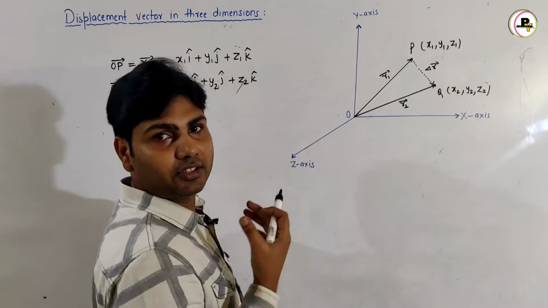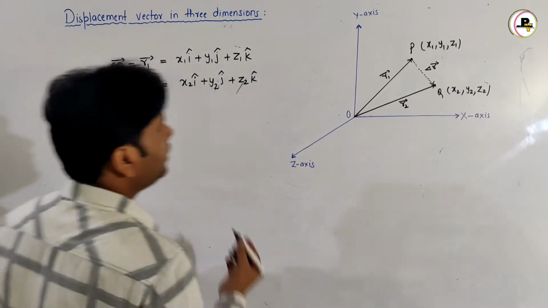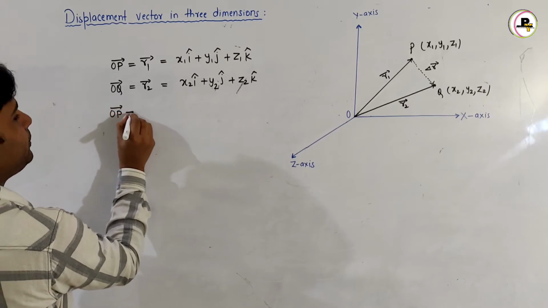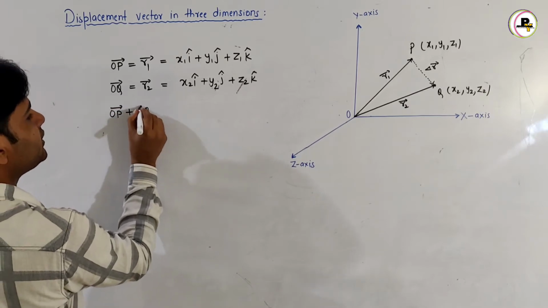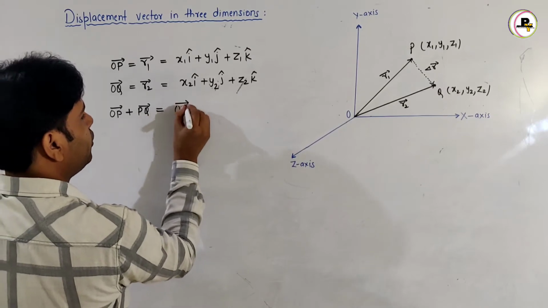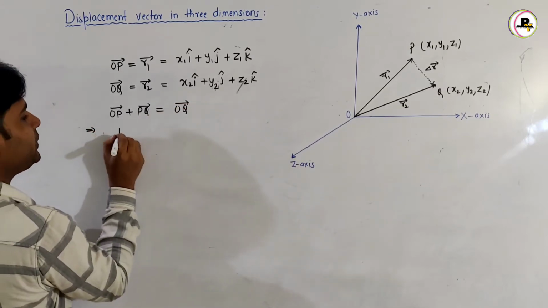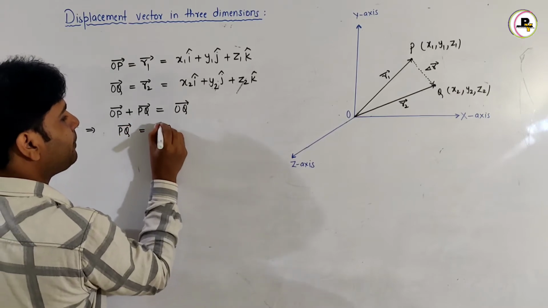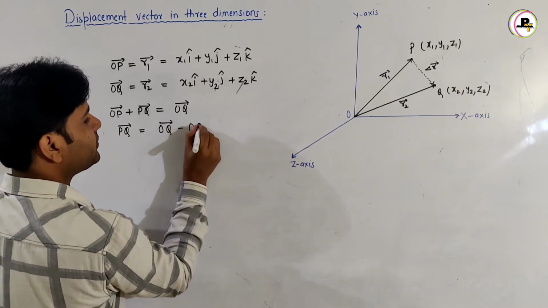So I can apply the triangle law of vector addition. Therefore I can write OP vector plus PQ vector equals OQ vector, or PQ vector equals OQ vector minus OP vector.